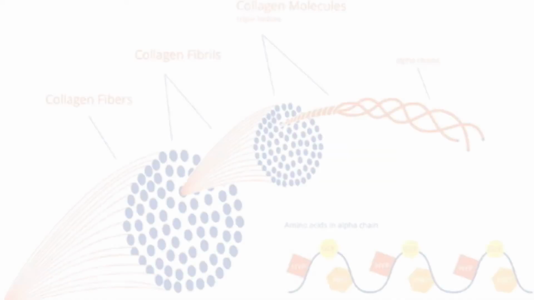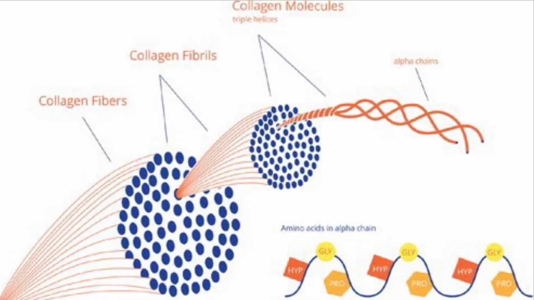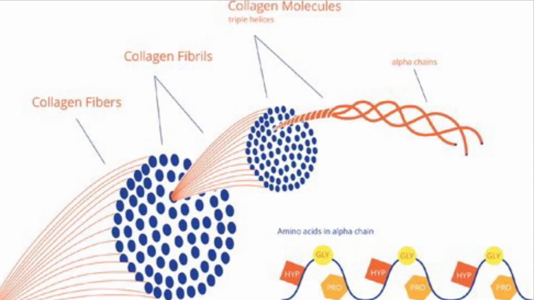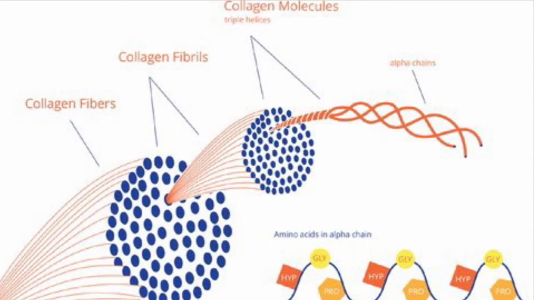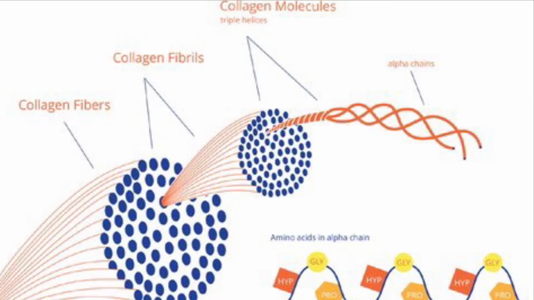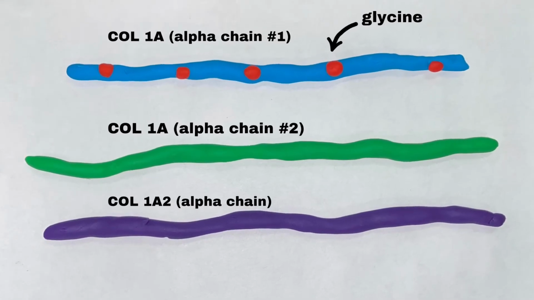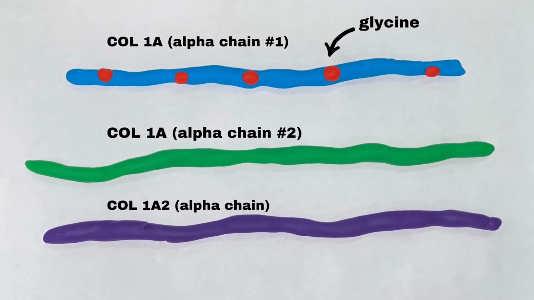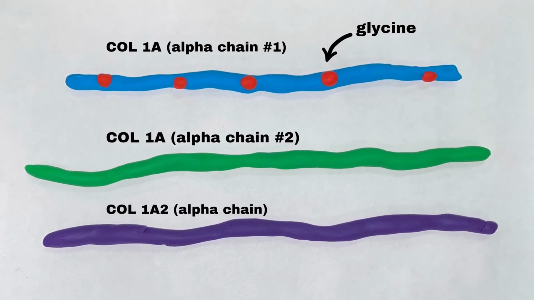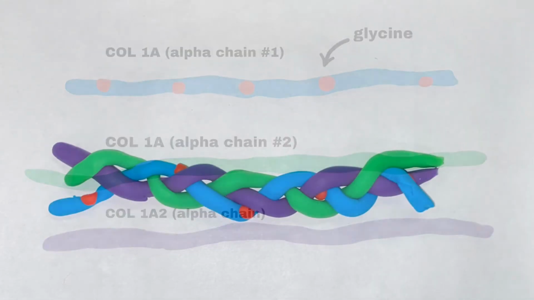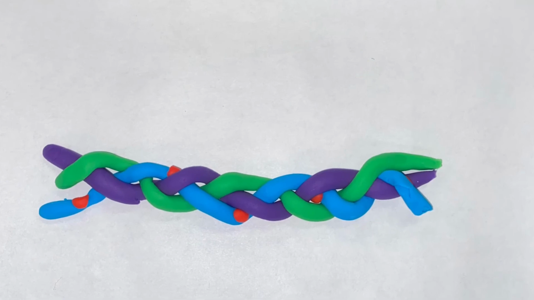Let's put this all together. Type 1 collagen functions as the structural component in the extracellular matrix of the bones and cartilage in humans. It is composed of 3 different chains, 2 from the COL1A gene and 1 from the COL1A2 gene, that come together to form a helix.